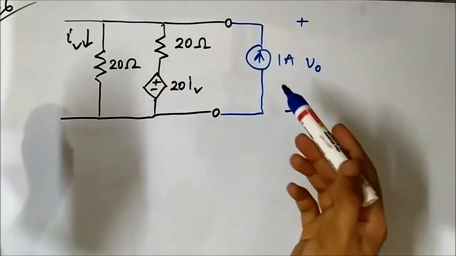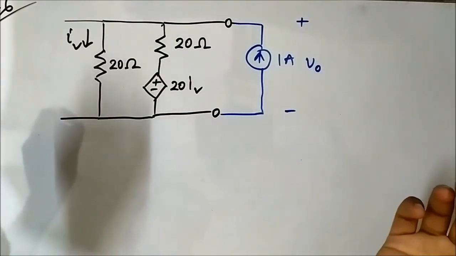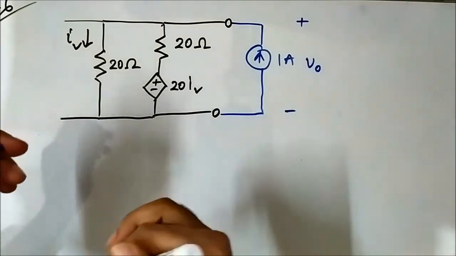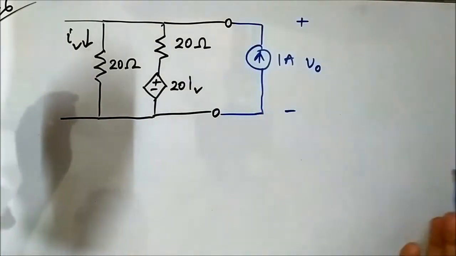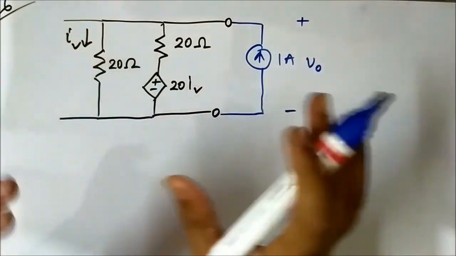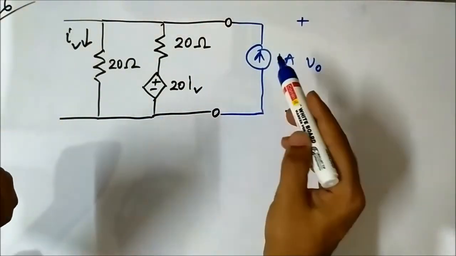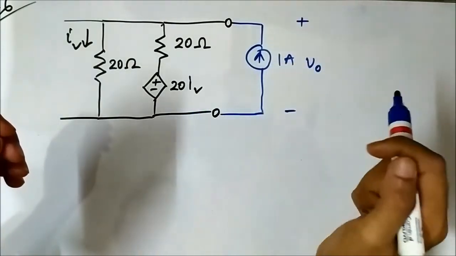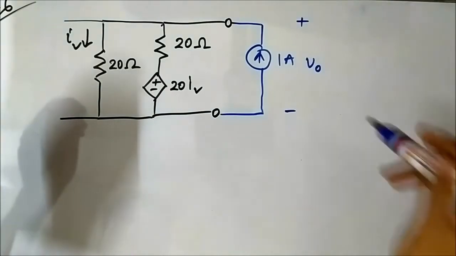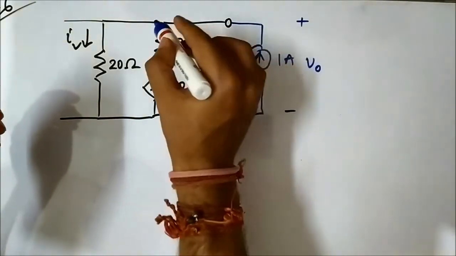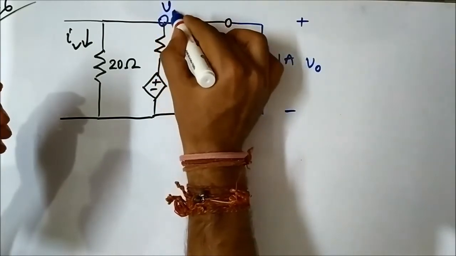You can also connect a 1 volt voltage source. So you do that and check whether the same answer is coming or not. I am connecting a 1 ampere current source. We have also done with 1 volt voltage source. We have seen both the methods. So 1 ampere current source we have connected, and this is the terminal voltage. Here, as there is no resistor involved, the voltage will be V0.